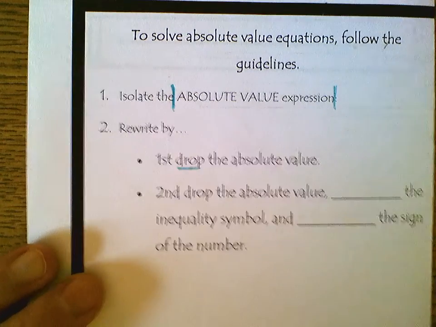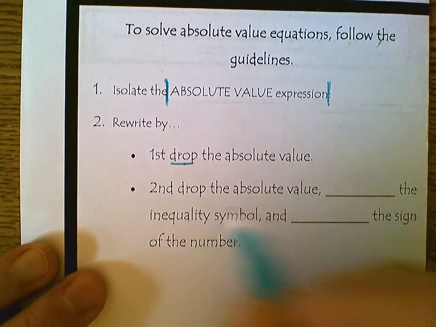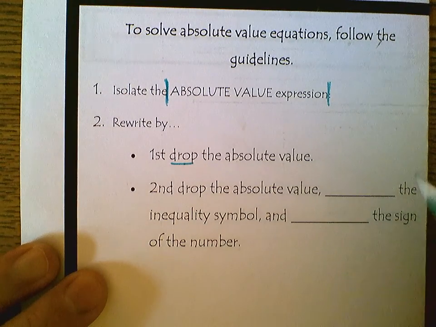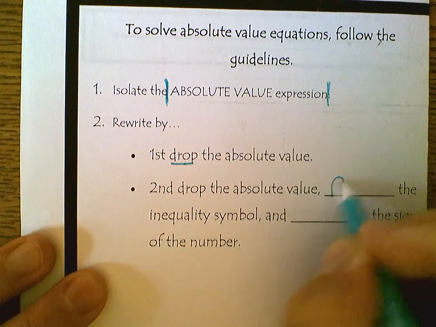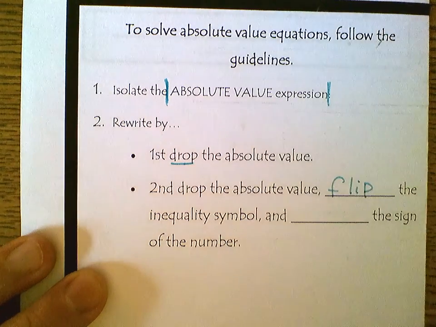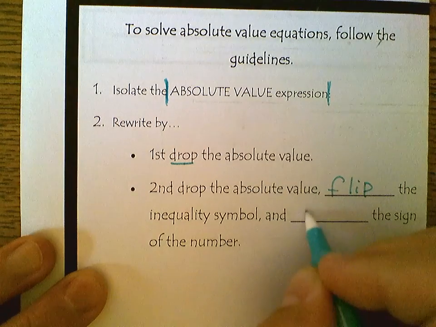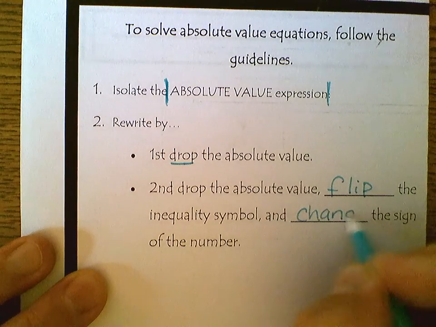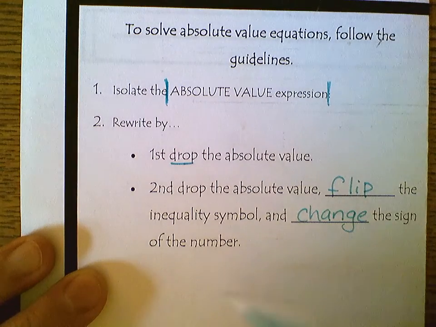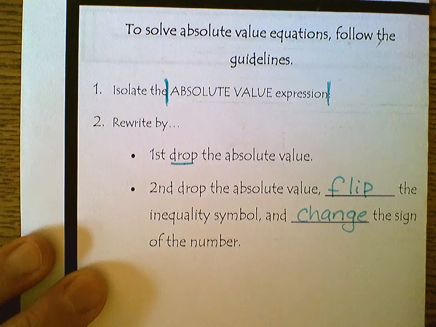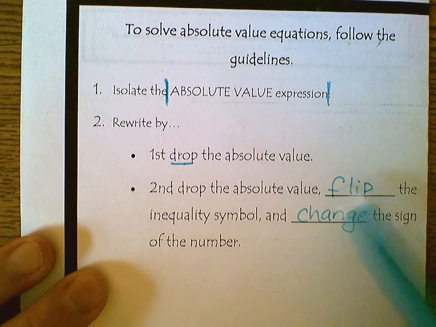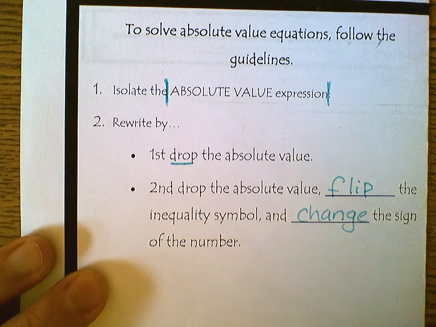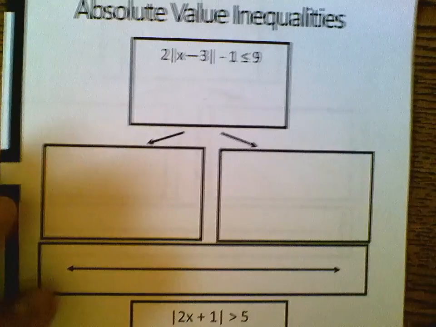The second inequality that you write, you will drop the absolute value bars, you will flip the inequality symbol, and change the sign of the number. So for our equation, we would have a positive and a negative constant that the equation was equal to. We still have that. The difference is that we also have to flip the sign now. So let's look at an example of that.